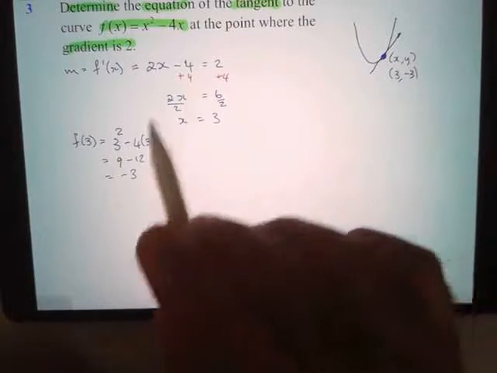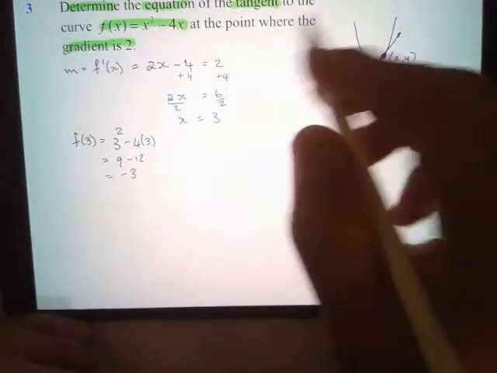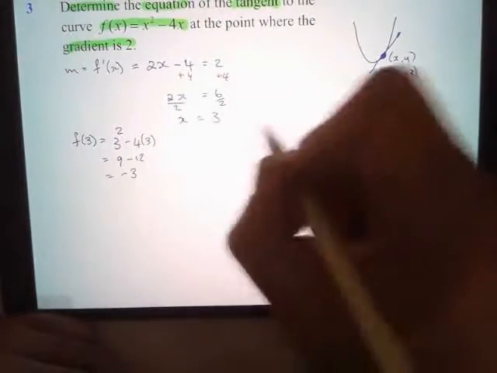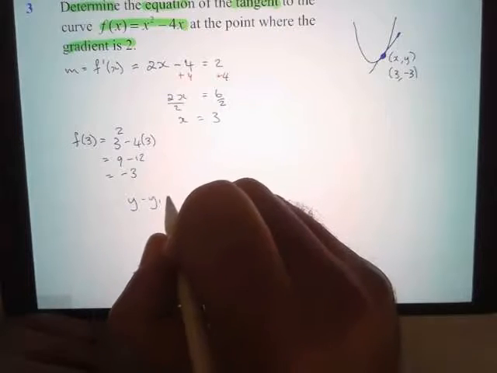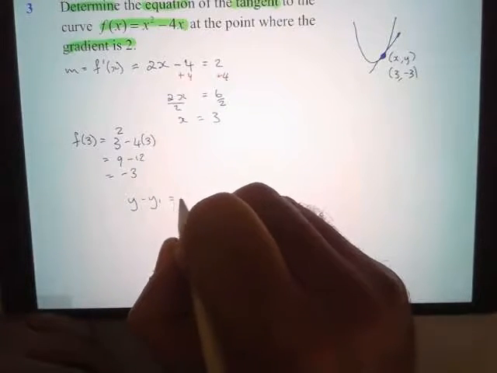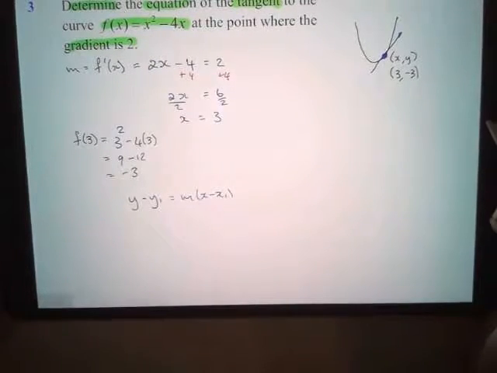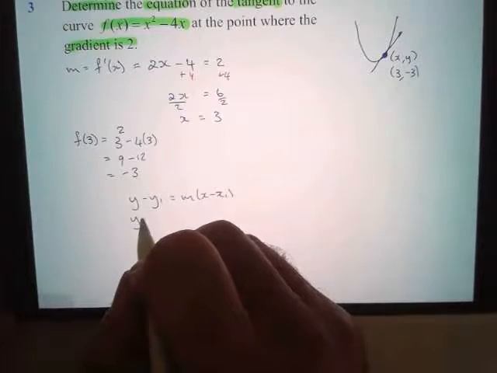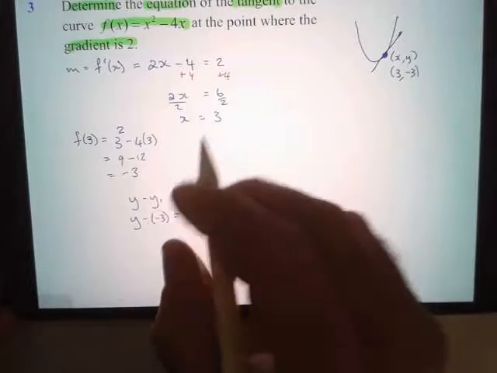Now remember, to find the equation of the line now, there are 2 ways. The first way, I'll do it in blue, is the way the textbook does it. It says y minus y1 equals m times x minus x1. So that's one way of doing it. y1 will be this value, which is negative 3. m is the gradient.